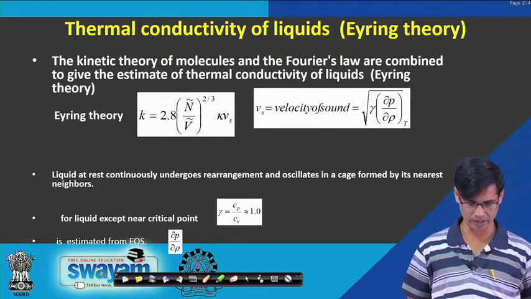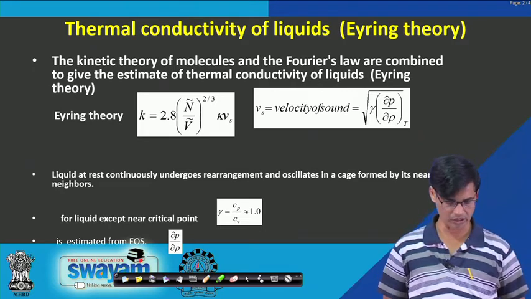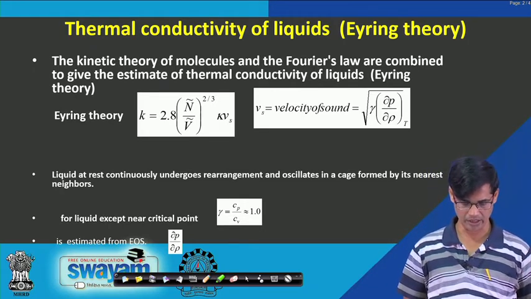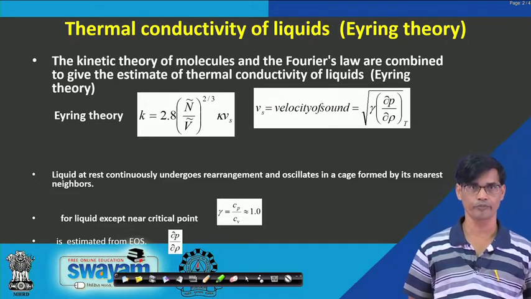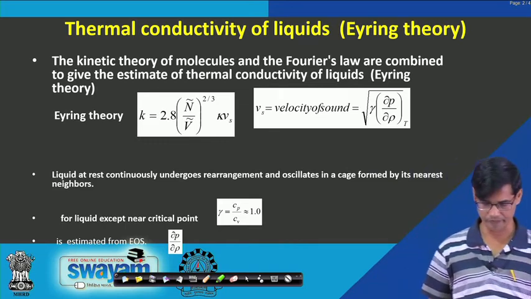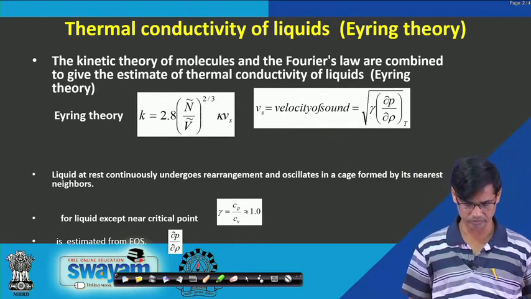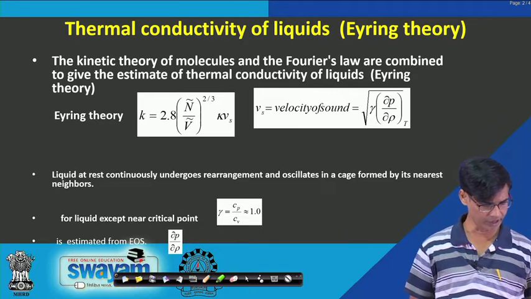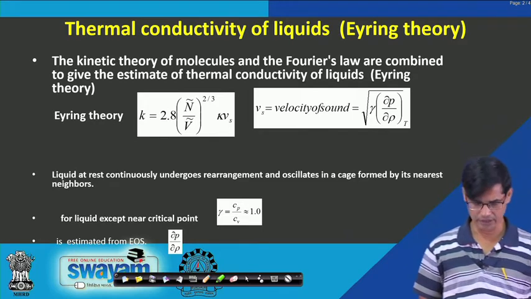Any of the available equations can be used, the van der Waals equation, maybe the SRK equation, maybe the RK equation. All these equations can be used to find out that compressibility, which is basically this derivative.